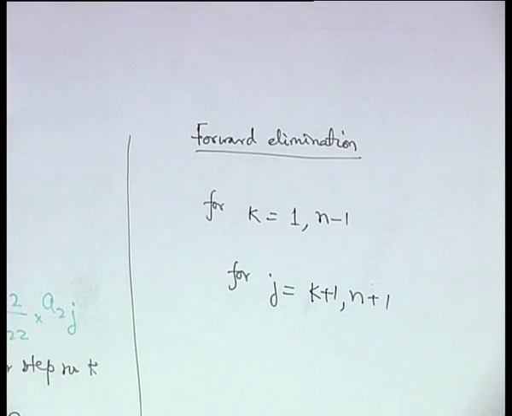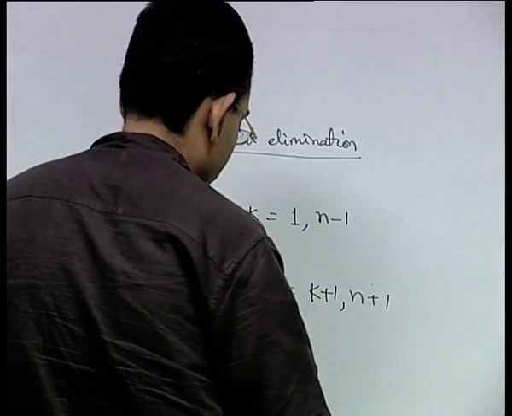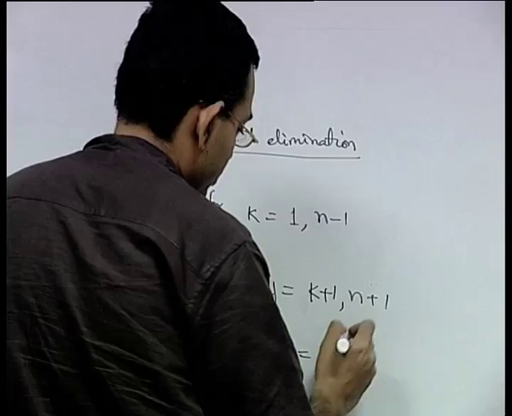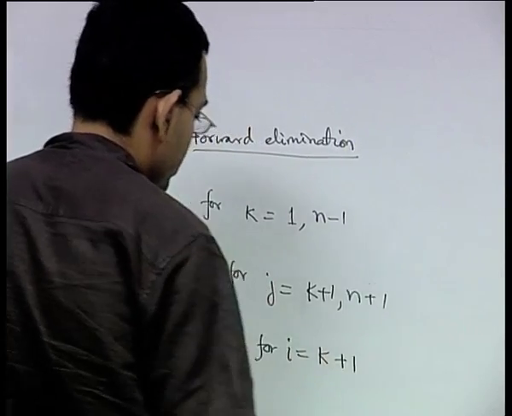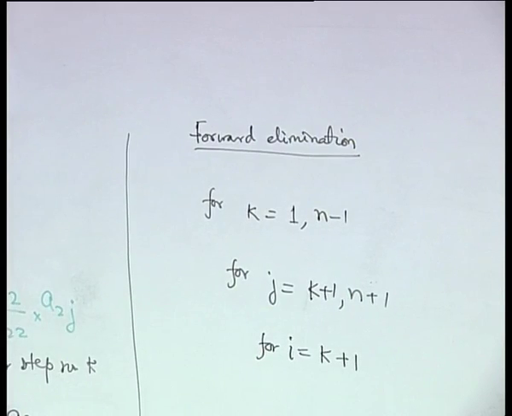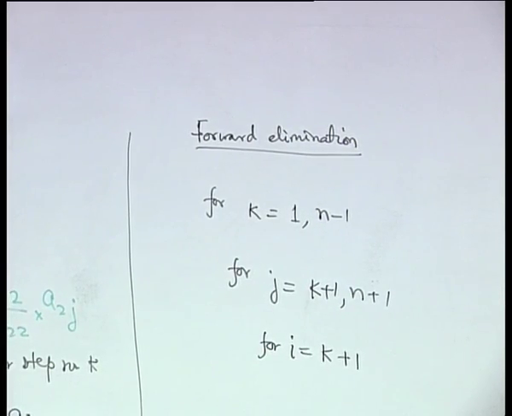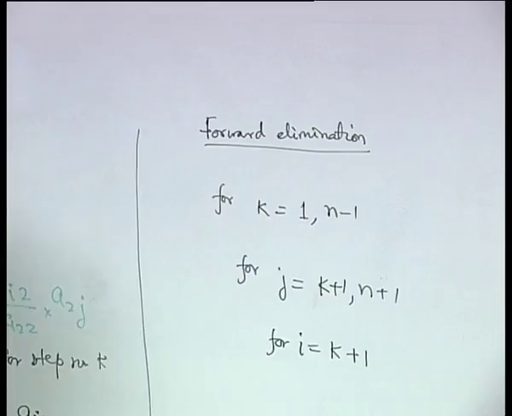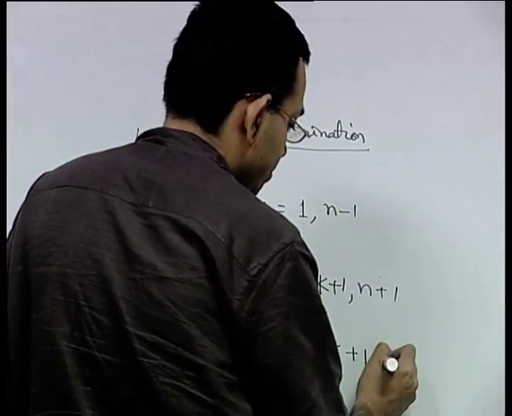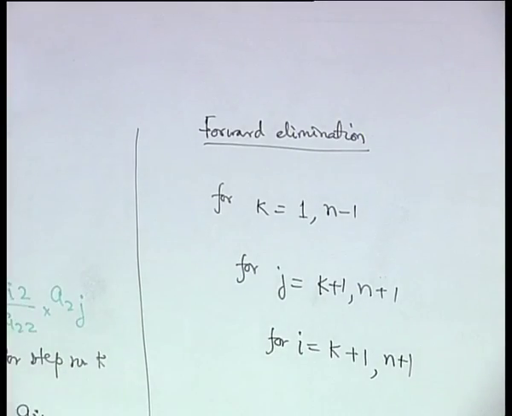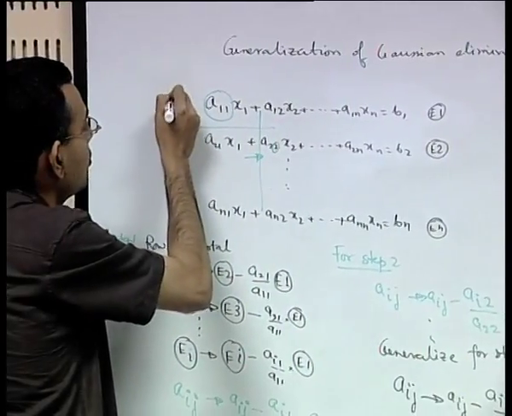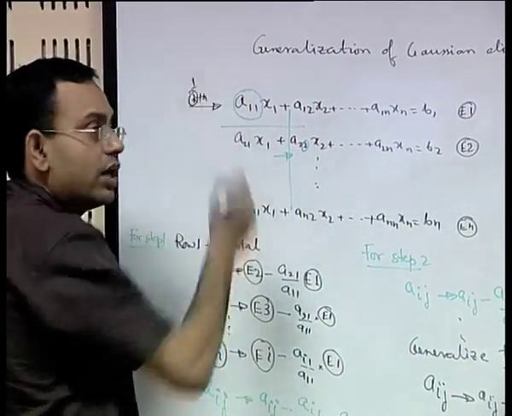And what is i? k plus 1 to n, because this is the kth row, for example k is equal to 1.